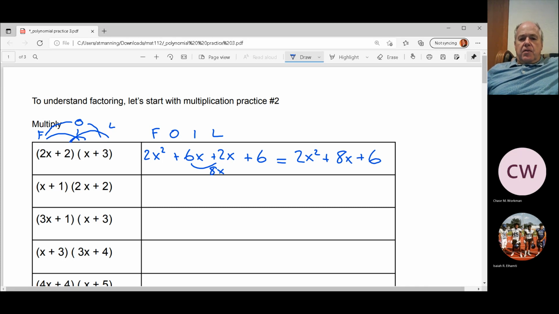And now think to yourself, how would I go the other way? If I saw just this, would I know what I could do to go the other way? Well, here's an easy thing to do. If you see a factor of 2 in everything, the first thing to do is factor out the 2. Everything's an even number.